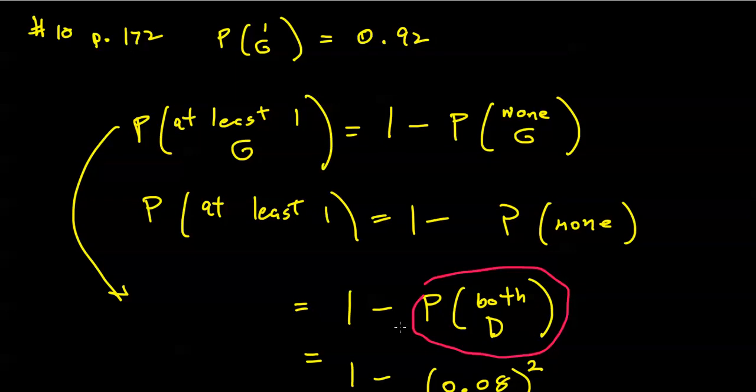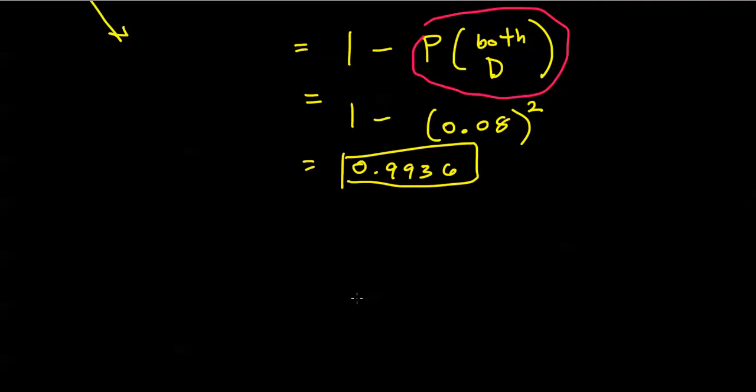If we look up here, the probability that one calculator is good is 0.92. The probability that at least one is good is slightly higher, at 0.9936. Pretty good chances that at least one is going to work given that information. Okay? That's number 10 on page 172.